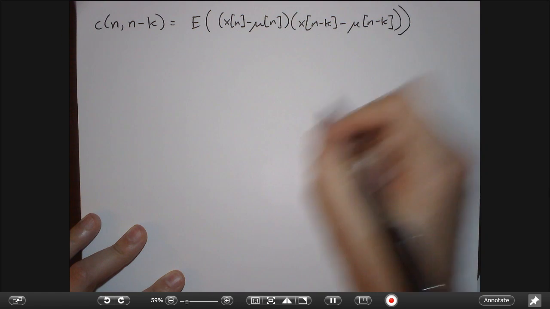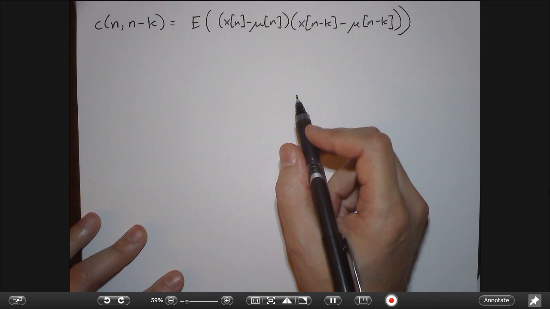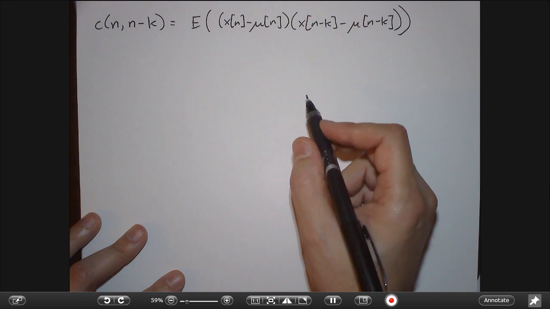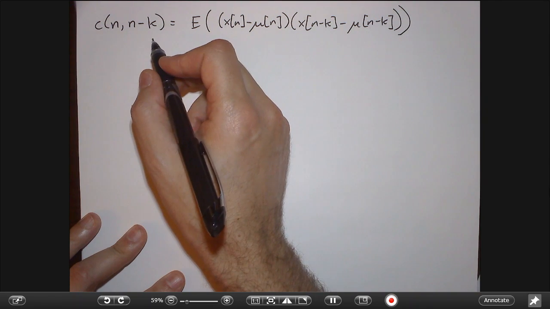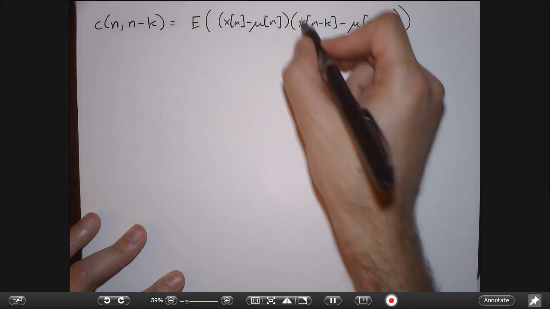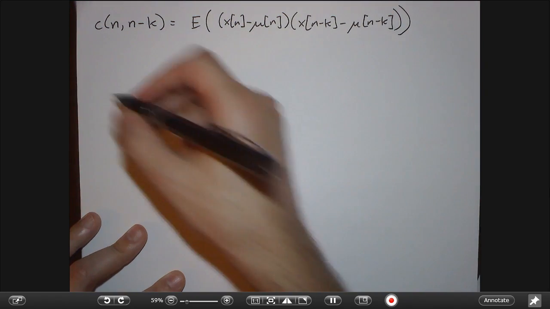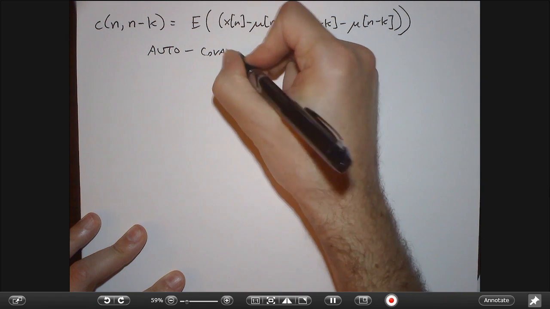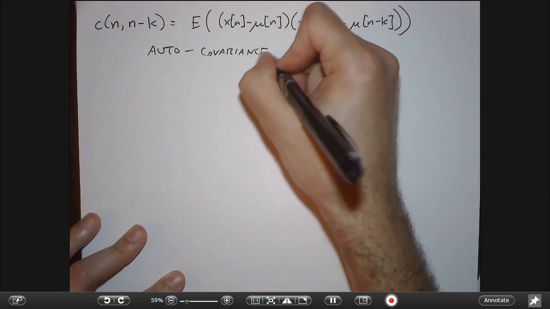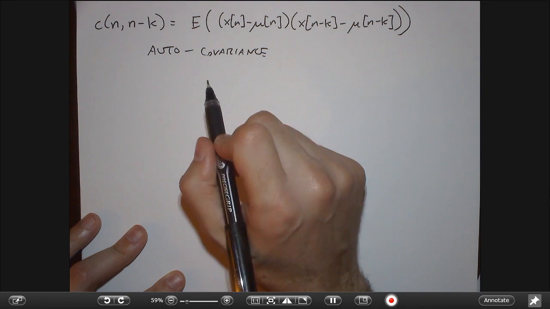And I'm just going to assume in this lecture that everything is real, okay? In general, the proper way of defining the autocovariance in the complex world is that I have to put a conjugate on one of these, right? So this is called the autocovariance, or sometimes just called the covariance. Auto because I'm looking at the signal with itself.